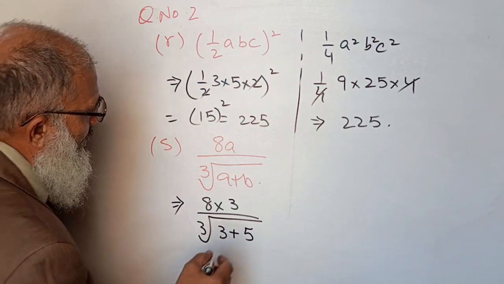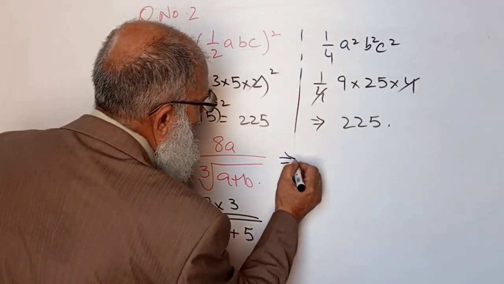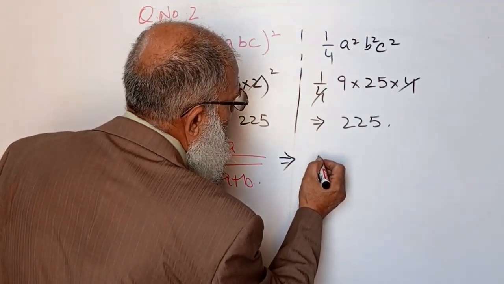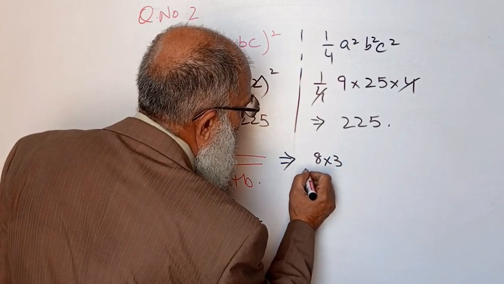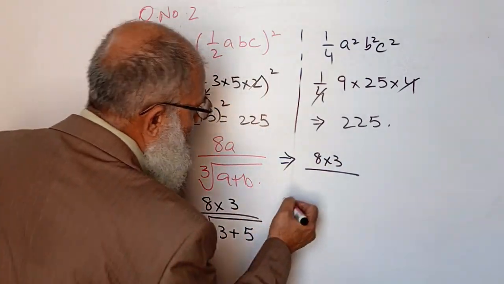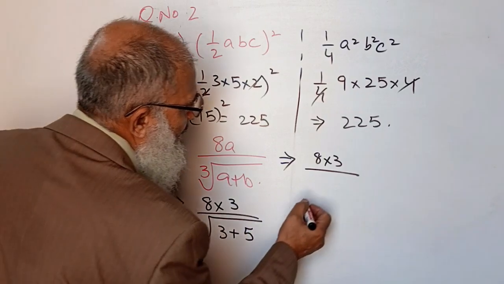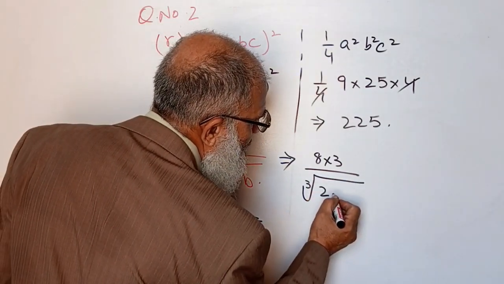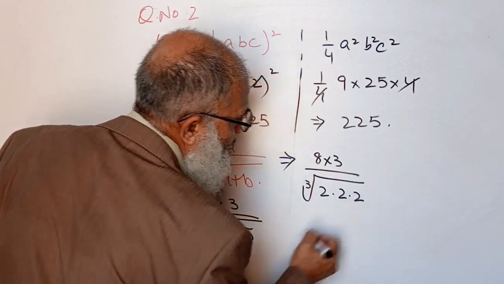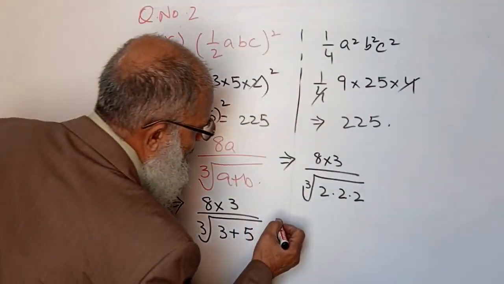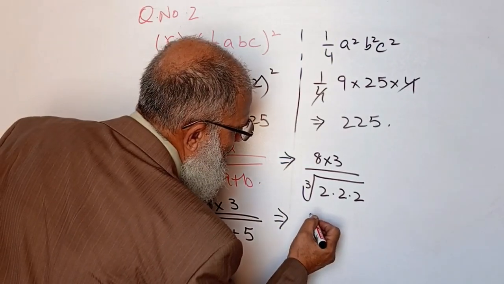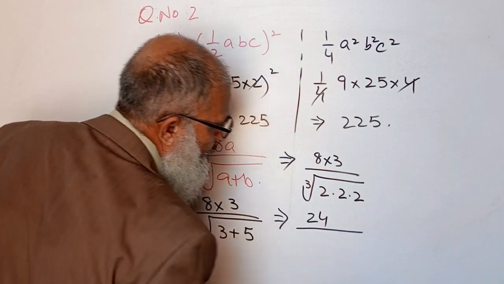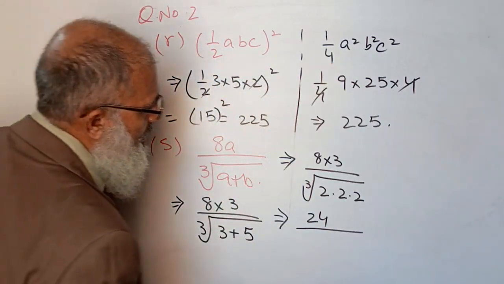Okay, so I am going to solve it over here. Now this is 8 multiplied by 3, and 8 will become 2 times 2 times 2, or you can write it like this. You can even multiply, or if you don't want to, leave it like this.